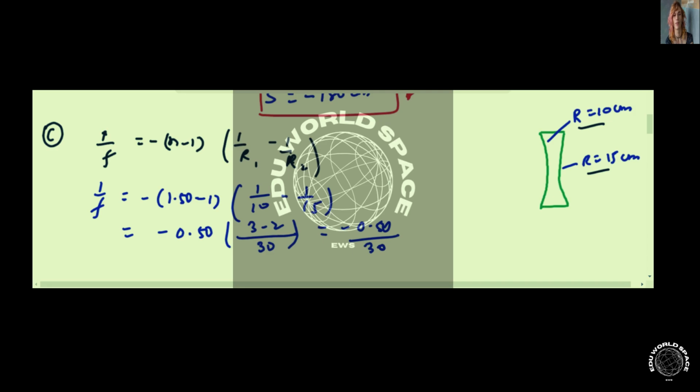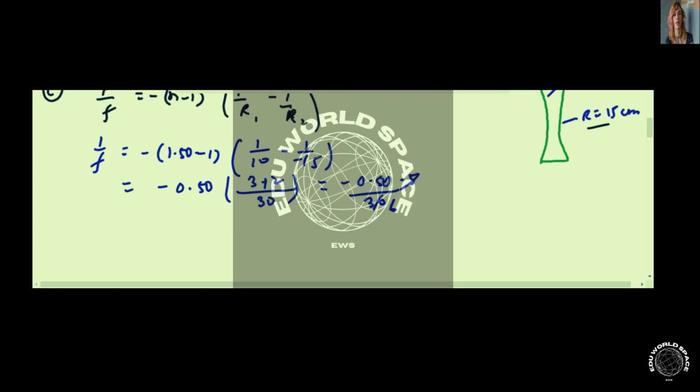And one more thing I have missed, that if R1 will be positive, R2 has to be negative. So into 5, 6, we have 1 by f equal to minus 1 by 12 centimeter.